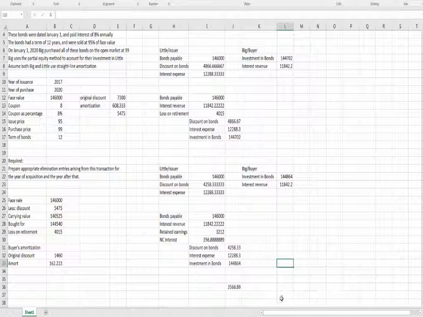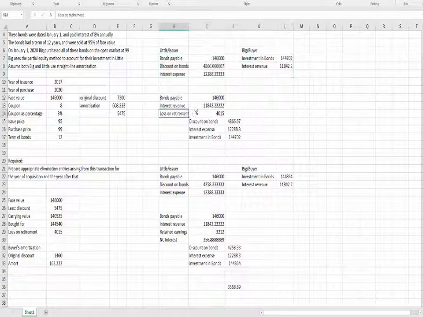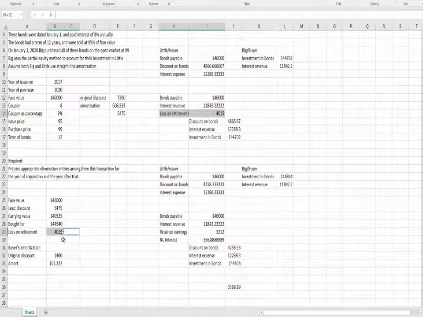And again, what were the steps we had to go through? First, this step here, in terms of computing the gain or loss on retirement, that wasn't absolutely essential. It's nice because after doing that, we make up our shopping list of what accounts are involved, and when we record the elimination of these accounts, we know we're expecting a plug figure of $4,015 to make that thing balance.